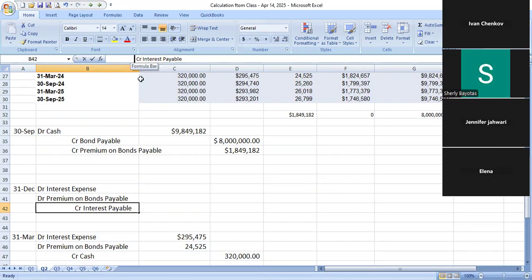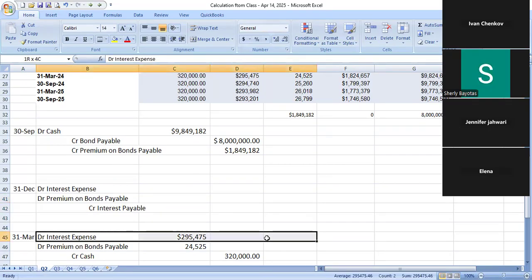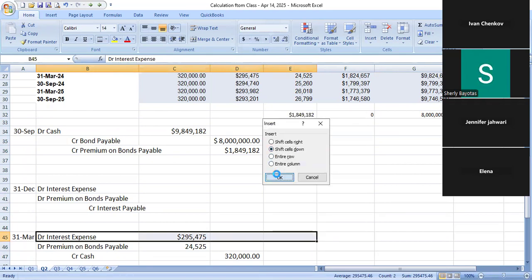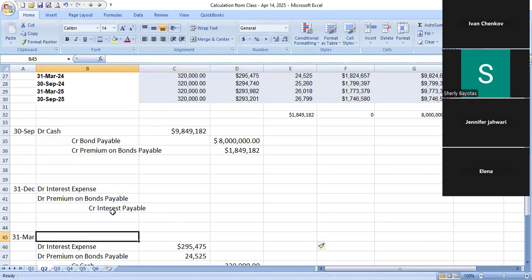And that will be my credit, which I have to add now in the middle. So once I add that one in the middle, that means I need one more entry here. Whatever I'm creating here, I have to get rid of it. Debit interest payable, and I'm going to get rid of it.